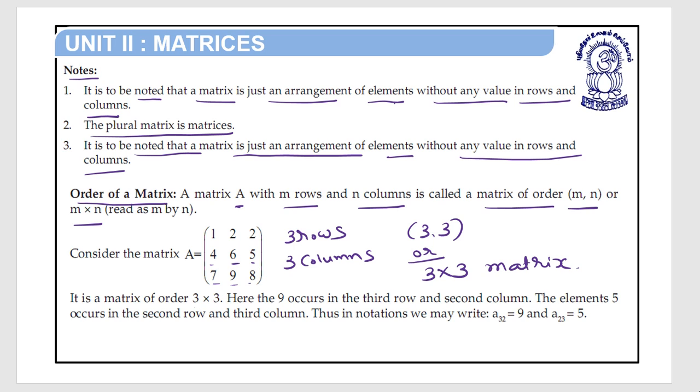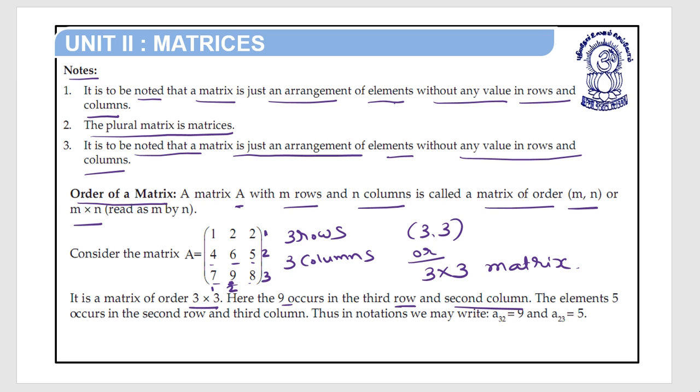It is a matrix of order 3 by 3 and elements 1 2 3 4 5 6 7 8 9, means 3 into 3 is equal to 9. Total elements are 9. Here the 9 occurs in the third row and second column. First row, second row, third row.